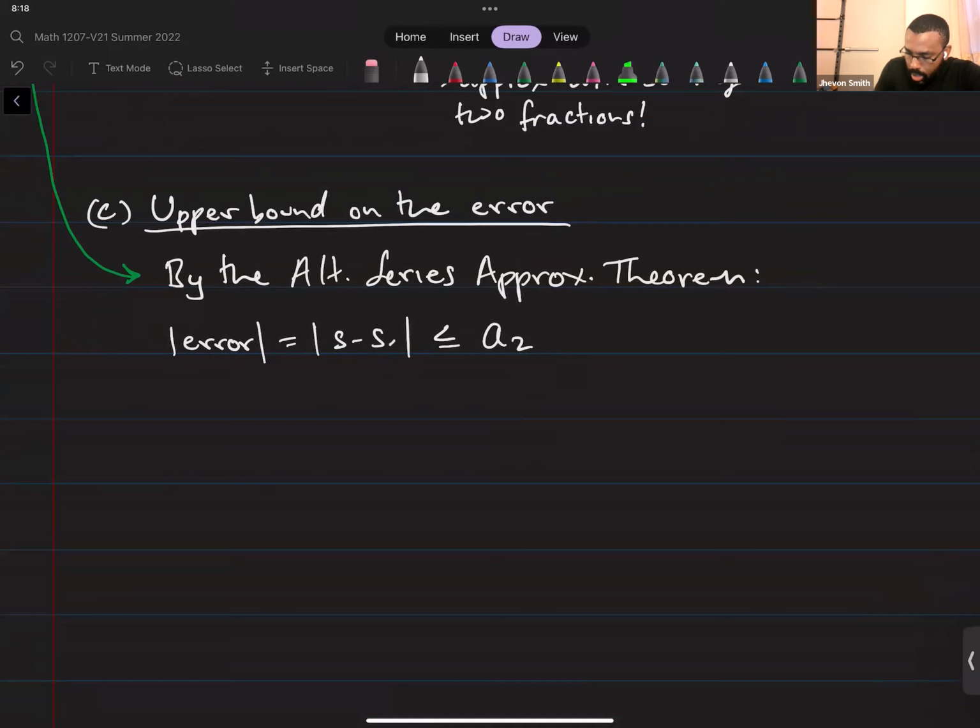So here I'm writing S1, but this is actually the second partial sum. We started at n equals 0, and so A2 here is actually the third term.